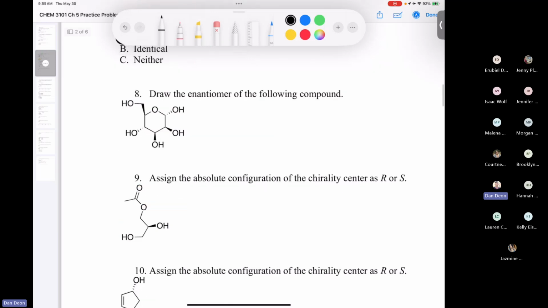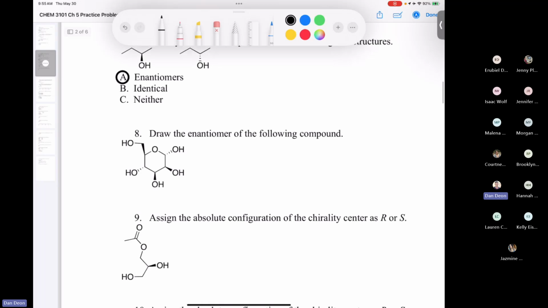The next one says draw the enantiomer of the following compound. All we have to do to draw an enantiomer is flip every wedge to a dash and every dash to a wedge, and we're done. So let's draw the 6-membered ring, which is going to look something like this. You're going to have to bear with Mr. Dion's work here. But we'll flip this dash to a wedge, this wedge to a dash.